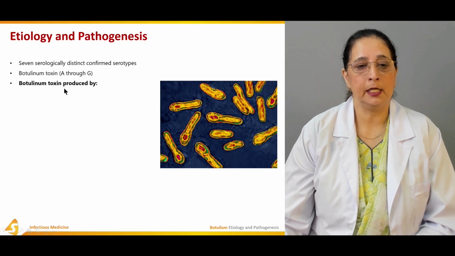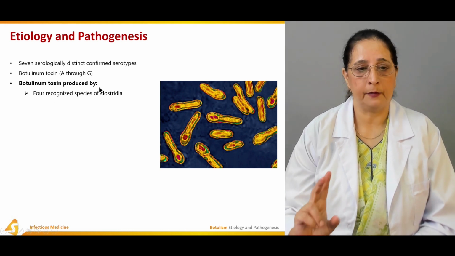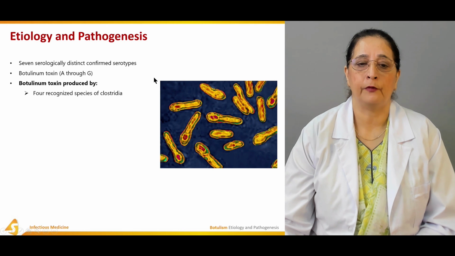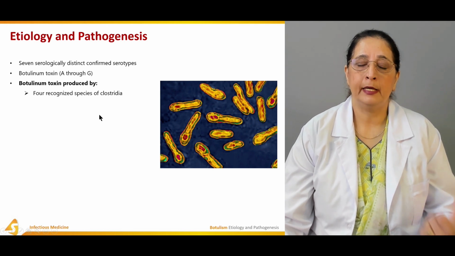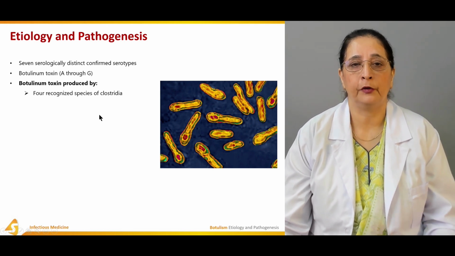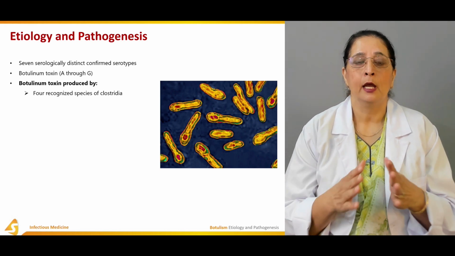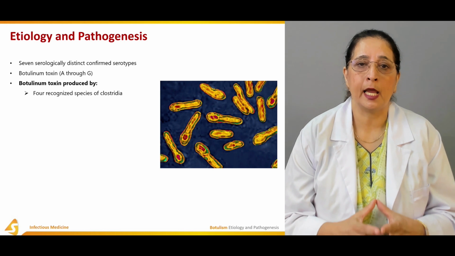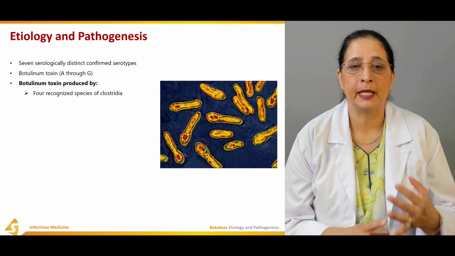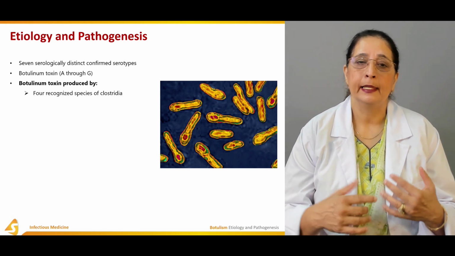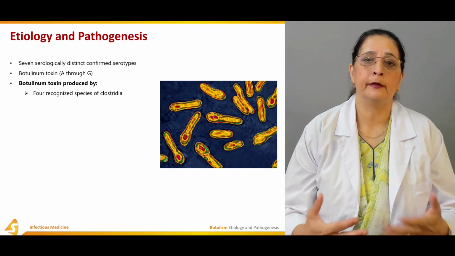Botulinum toxin is produced by four species of Clostridia. The toxin has seven serotypes, A to G, that can produce different features.